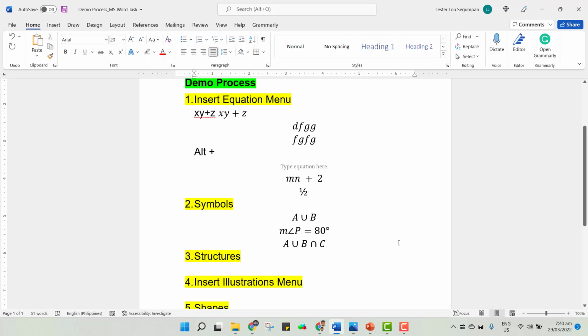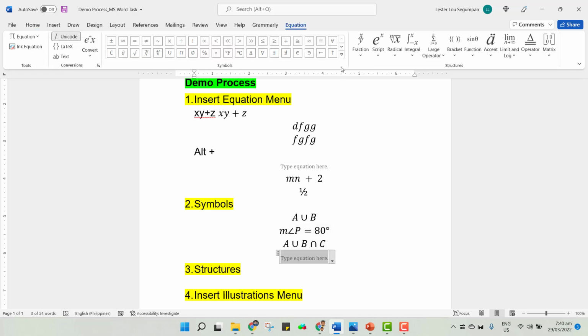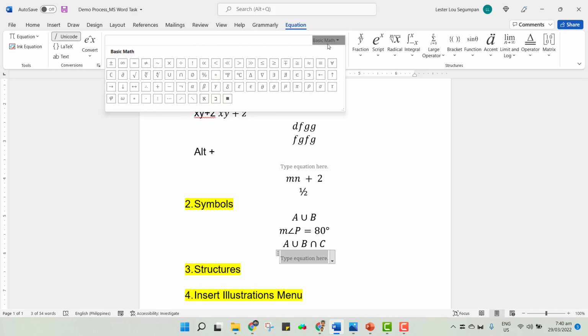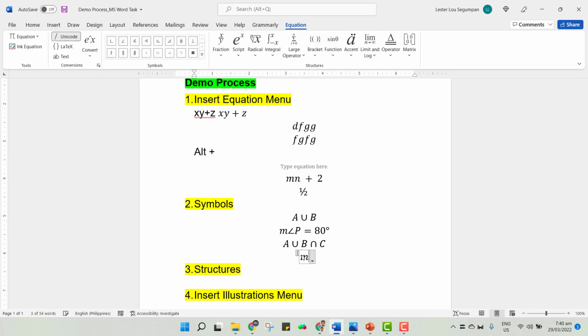As for the next one, you have the angle. There's also a shortcut for an angle. So let's do Alt plus equals again and go to geometry. Instead of clicking this, you would see the shortcut there, forward slash angle. So you could type here M, the measurement, forward slash angle, space.